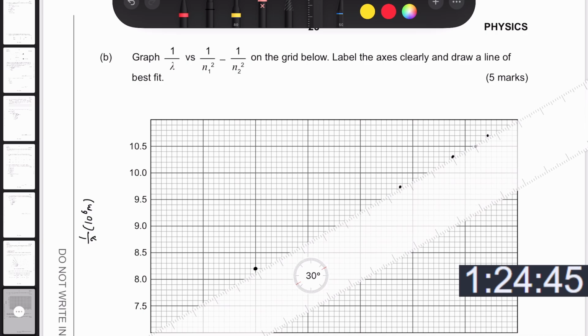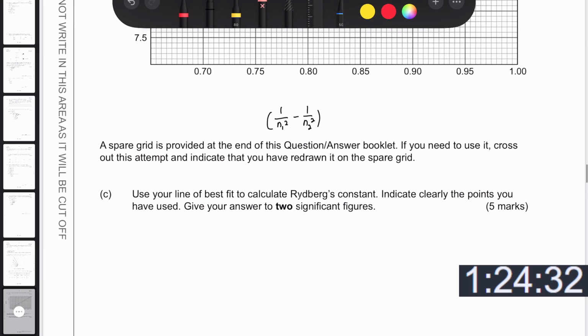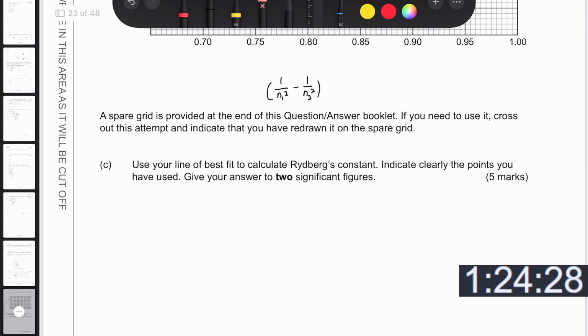What's a good line of best fit looking like for this? Something like that, a little bit lower. Yeah, I think something like that's pretty good. Line of best fit to calculate the constant, indicate clearly the points you have used.